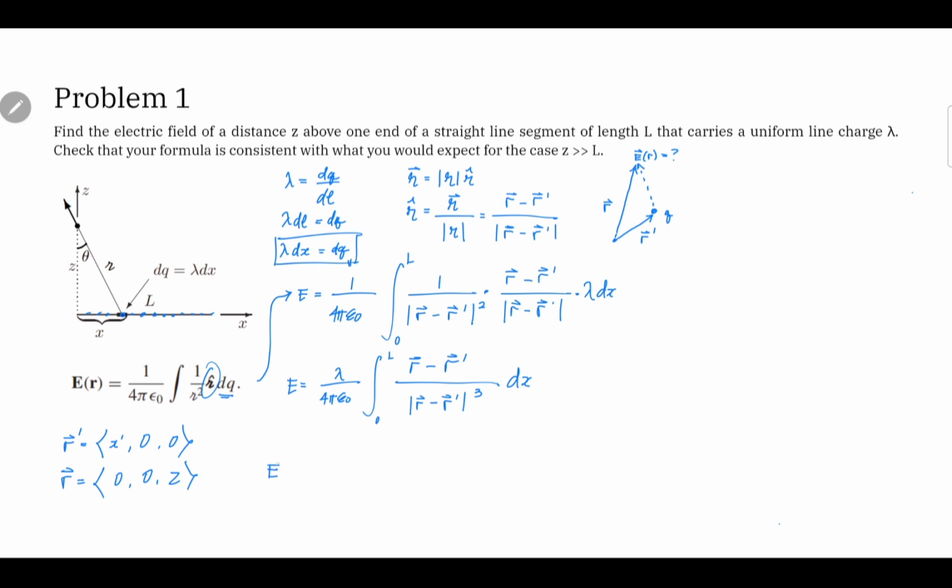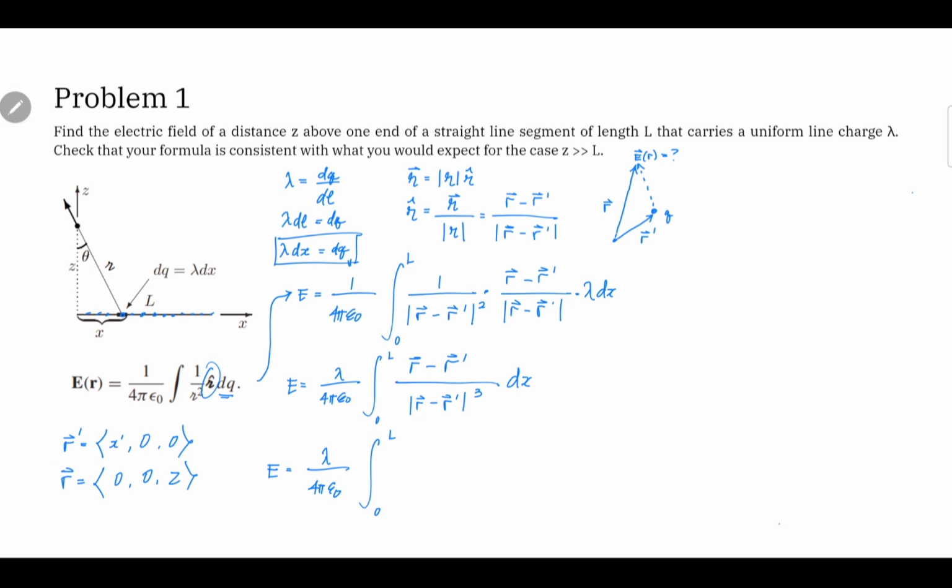So we have your electric field. We now have our lambda over 4 pi epsilon naught on the outside, and an integral from 0 to L. And you have your vector r minus r prime. I'm going to write it over here in another color.